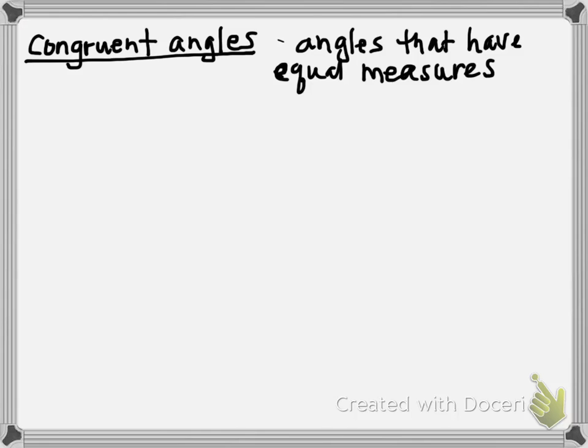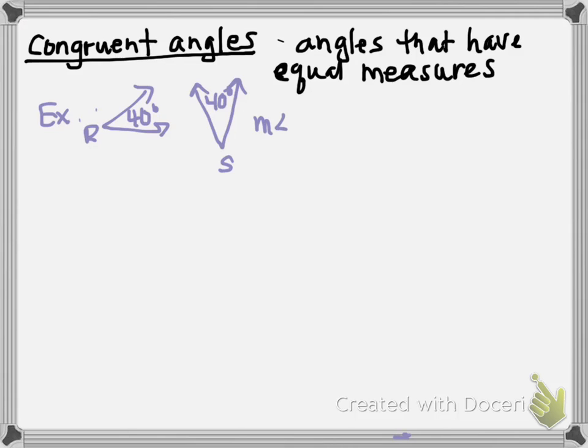Let's change up to a little purple. So we've got this angle, R, and we're told he's 40 degrees. We've got this angle, S, we're told that he's 40 degrees. And so since the measure of angle R equals the measure of angle S, we can therefore recognize that the angles would also be congruent.